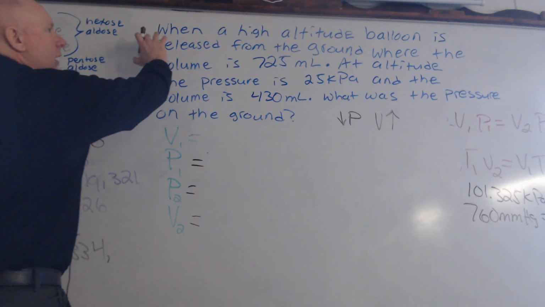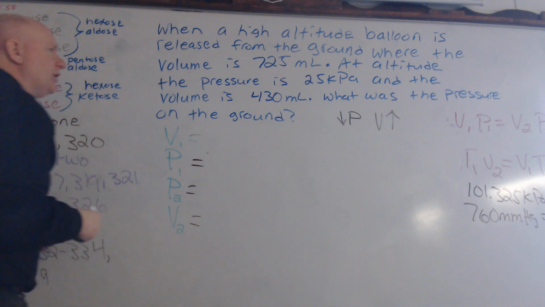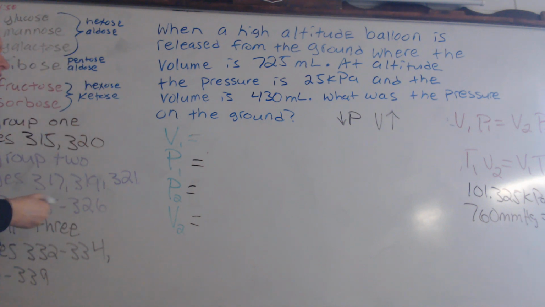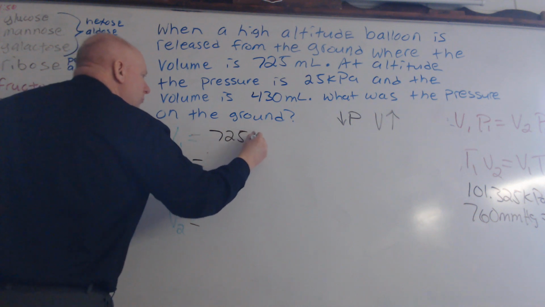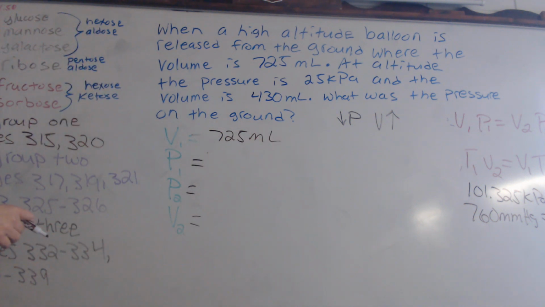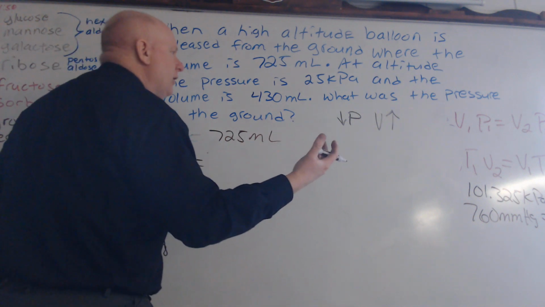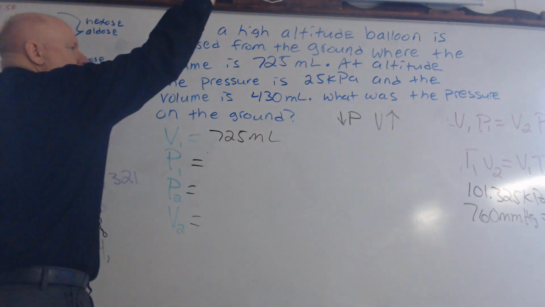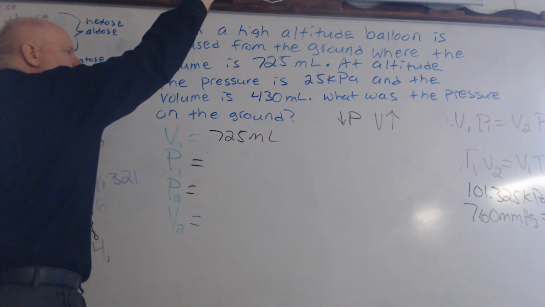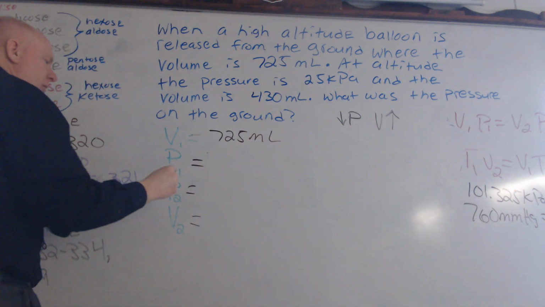But, okay, on the ground, the volume was 725 milliliters. So that's our initial conditions. Then, at altitude, I mean, this balloon is attached or tethered to the ground, all the way up there, maybe 500 feet, something to that effect, the pressure is 25 kilopascals.